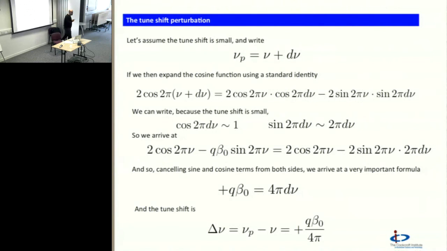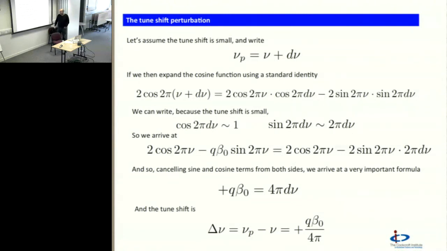As we saw for closed orbit distortion, the shift in the orbit is proportional to the root of the beta function. The shift in the tune is proportional to the beta function at the point where the extra quadrupole field's coming in. So a big beta function means big sensitivity of the tune to quadrupole errors. That's the message.